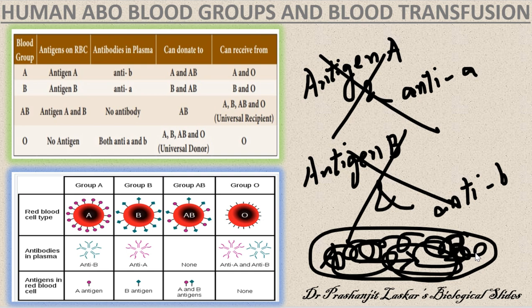This is called antigen antibody interaction. This is called a clumping reaction or agglutination reaction. I repeat, this kind of clumping reaction is known as antigen antibody interaction or agglutination reaction.